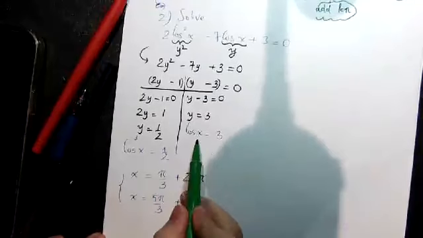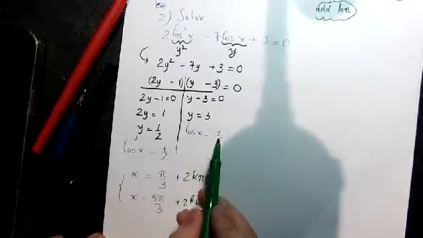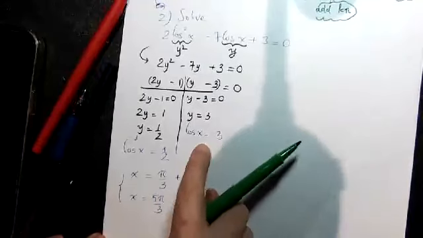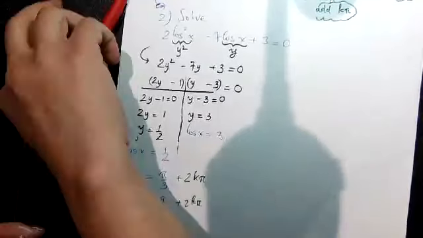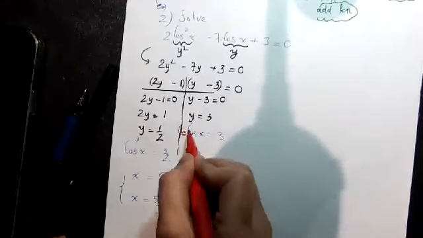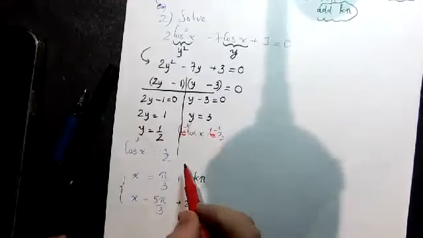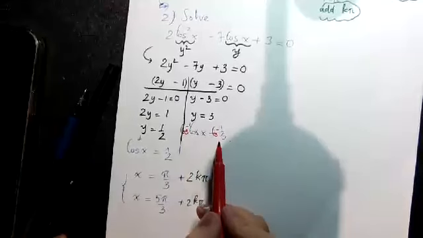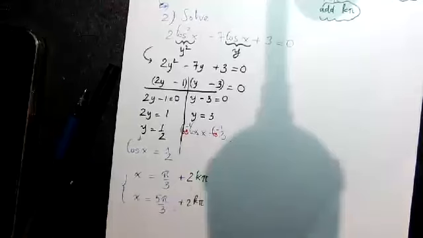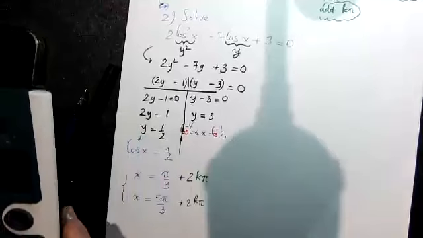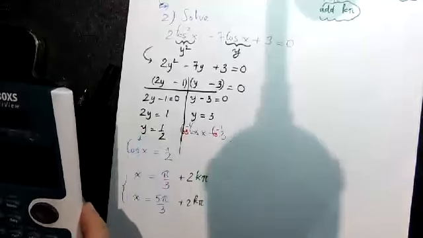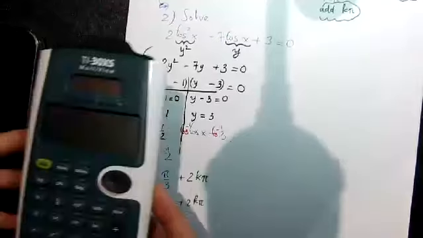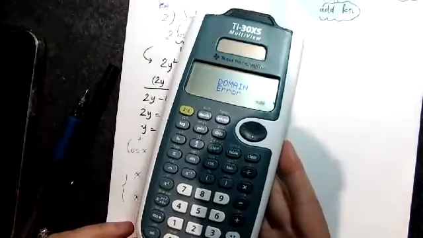Now, the second case, where cosine of x equals 3, what do you think? I cannot look this up on the unit circle, but I can take the inverse cosine. What does the calculator tell you? If I plug it into my calculator, it gives a domain error, right?